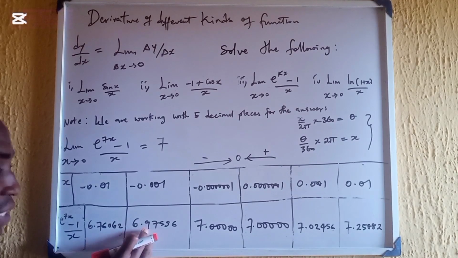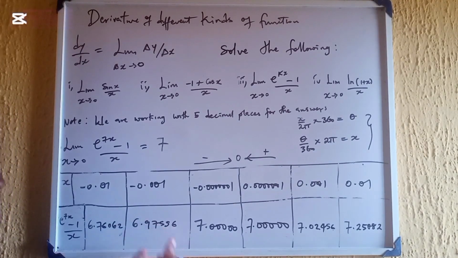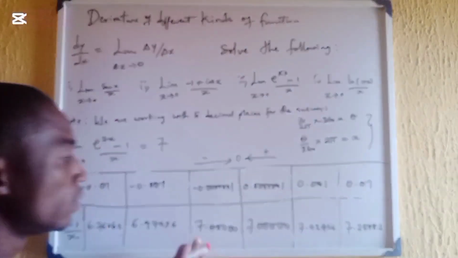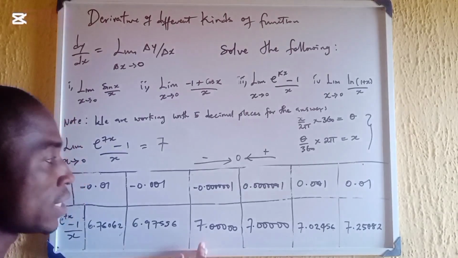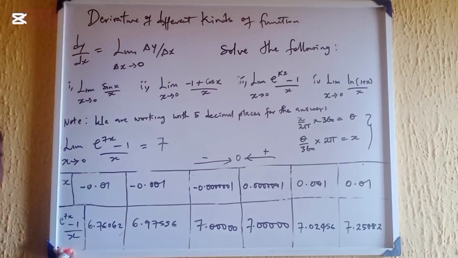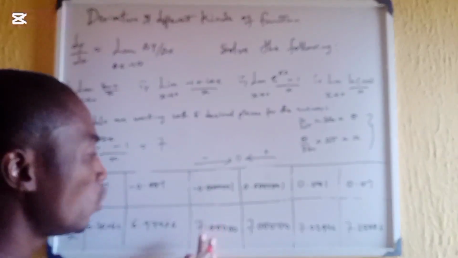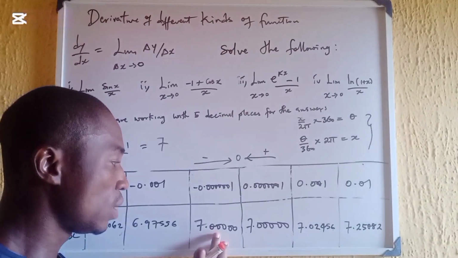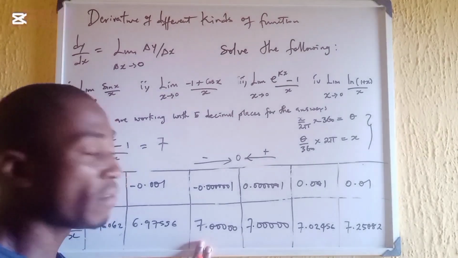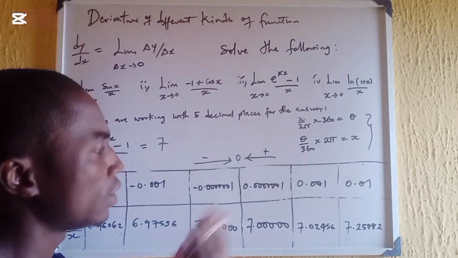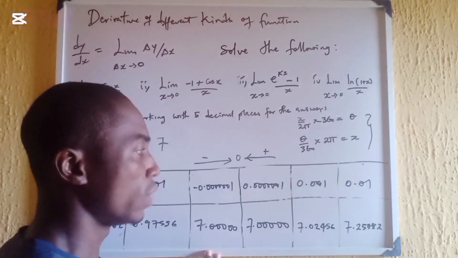We'll be having 6.975556. We are still very close to 7, but it's not 7. We'll keep going close. So the closer we get to 0, we realize that our function is approaching 7. For this value, we are having 7.00000. That's for 5 decimal places. Then, let's see what happens for the right-hand side.